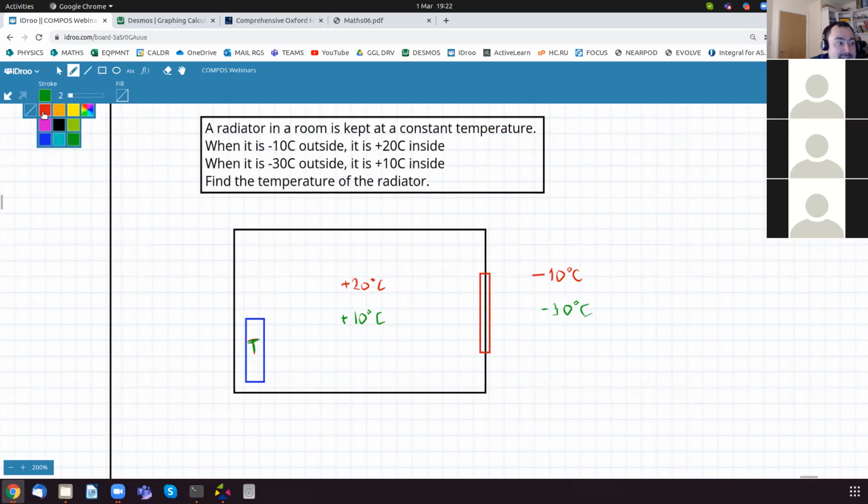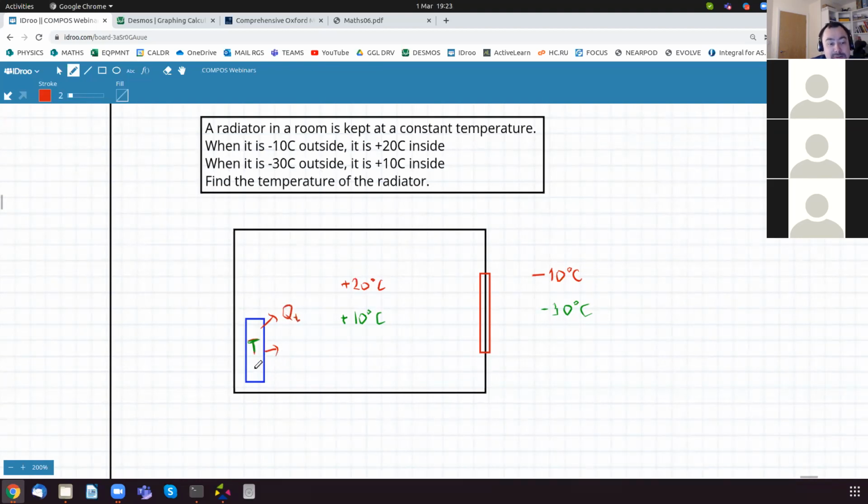So we need to understand that the radiator is giving energy to the room at a rate dQ/dt. I'm just going to put Q with respect to t.